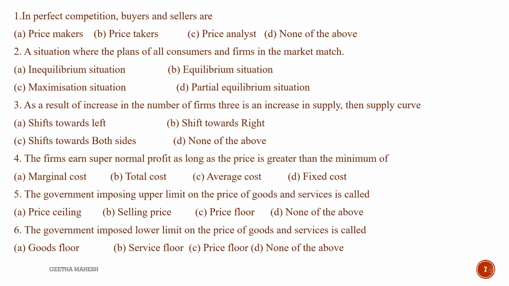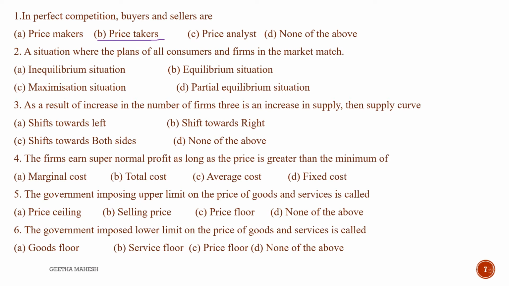In perfect competition, buyers and sellers are price makers, price takers, price analyst, none of the above. Under perfect competition, both buyers and sellers are price takers because both buyers' and sellers' contribution to total supply is negligible. So they are all price takers.